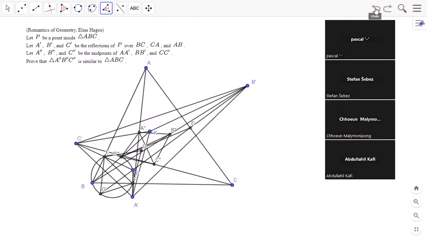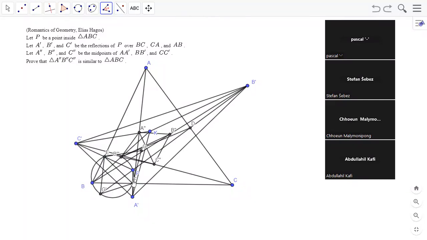Well, GEF is GPF or G prime PF. How do we show that's angle C? Oh, it's just an angle chase because G prime PF is angle C. Yeah, okay.